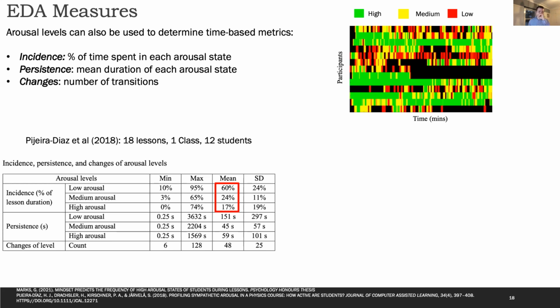And about 4 years ago now, a study by Piera Diaz tracked 18 lessons of a classroom, and they tracked 12 students and measured this incidence, persistence, and changes of levels. One of their main takeaways was that, surprisingly, on average, students spent most of the time in a low arousal state, and actually high arousal states, which are associated with engagement, were the least common.